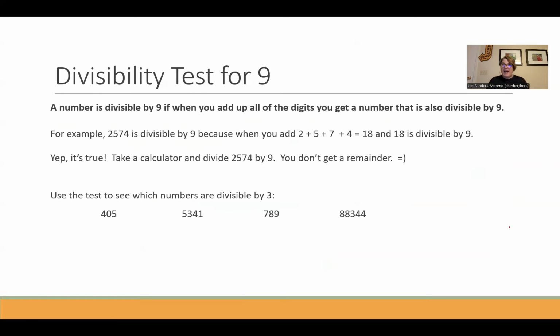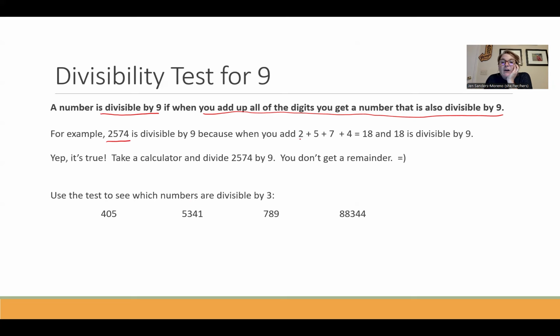Okay. All right, now, divisibility test for 9 is the second math trick. So it ends up being the same thing, a number's divisible by 9 if when you add up all of the digits, you get a number that is also divisible by 9. Okay. So if we look at our 2,574, it's quite a big number.